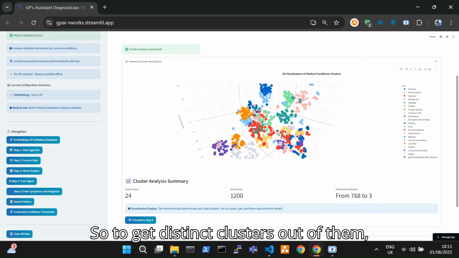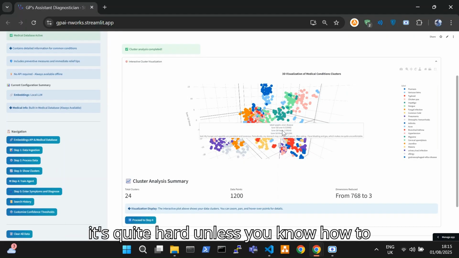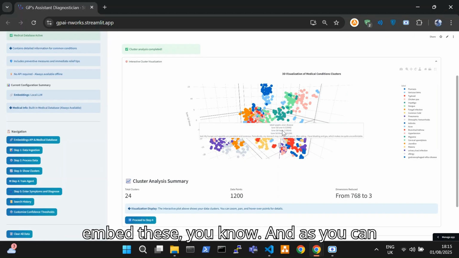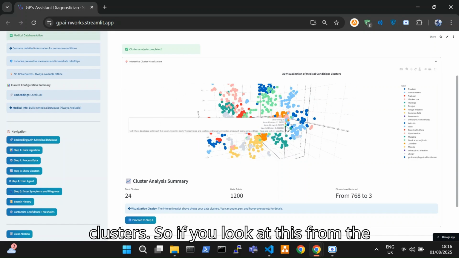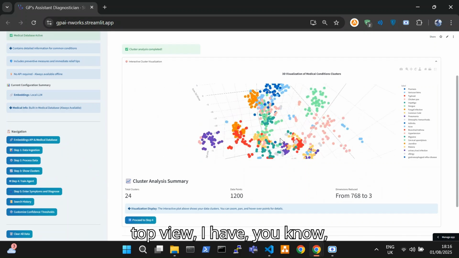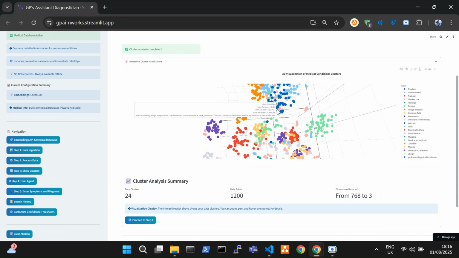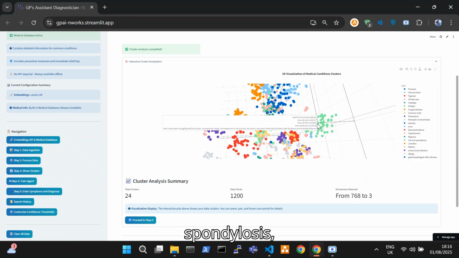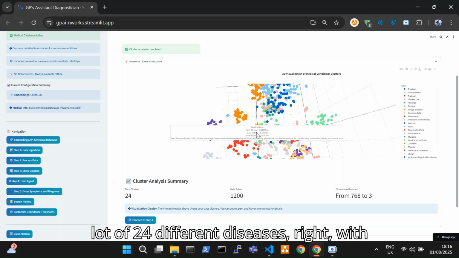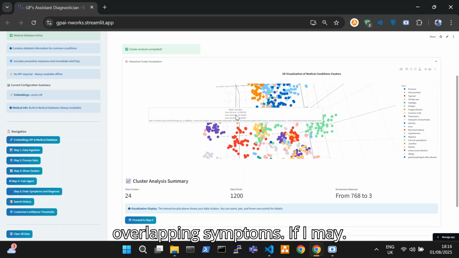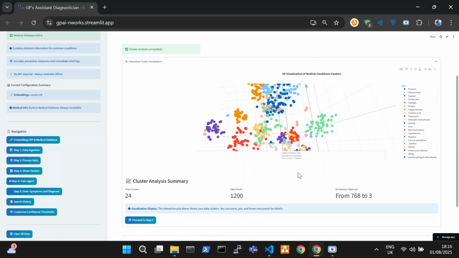To get distinct clusters out of them is quite hard unless you know how to embed these, and as you can see, I have quite distinct clusters. If you look at this from the top view, I have spondylosis, paralysis, I don't know, there are 24 different diseases, right? With overlapping symptoms, if I may.